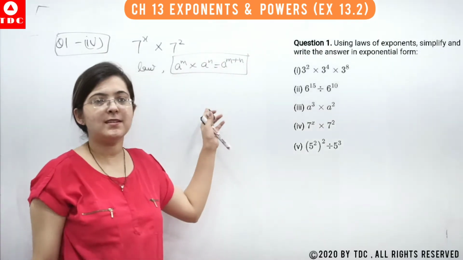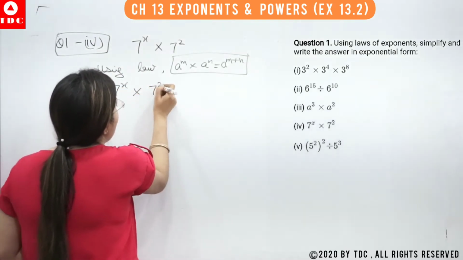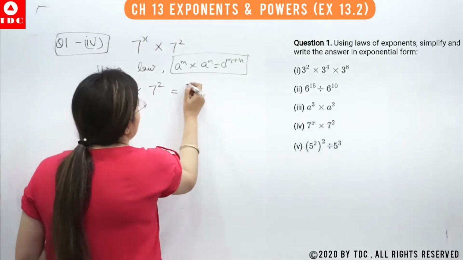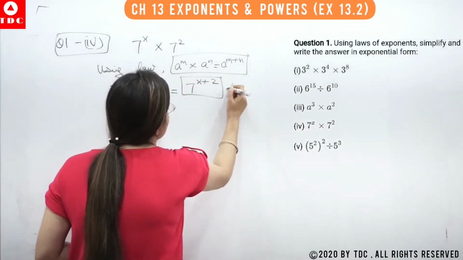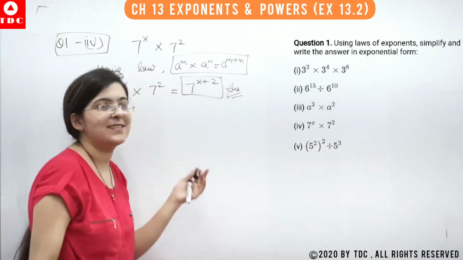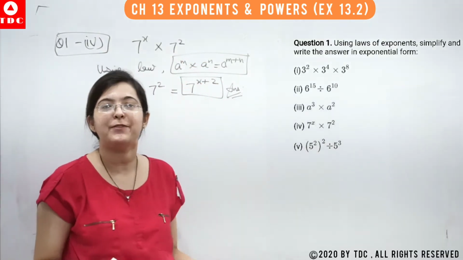We can use this law. Here the powers would be added because the base is same. So we will get 7 to the power x plus 2. This is your answer. So we have to just identify which law we have to use.